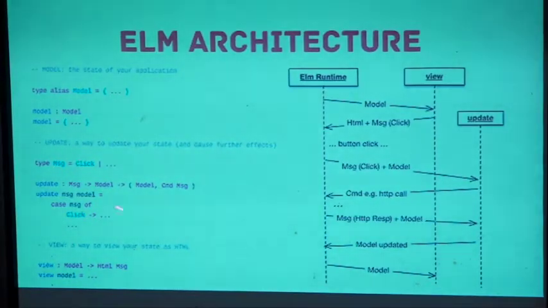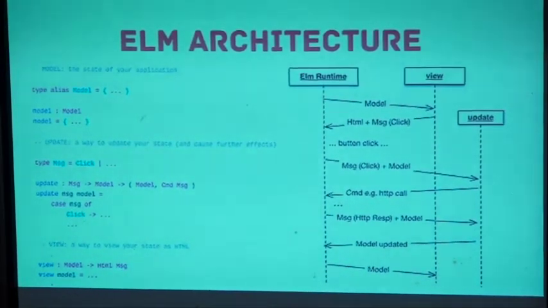And then here what we have is how we deal with each of the events. In the update, this is what we call pattern matching. If we get an event of type click, this is what we do. If it's an HTTP response, this is what we do. If we've typed something into a field, this is what we do, and we'll see that in the demo.